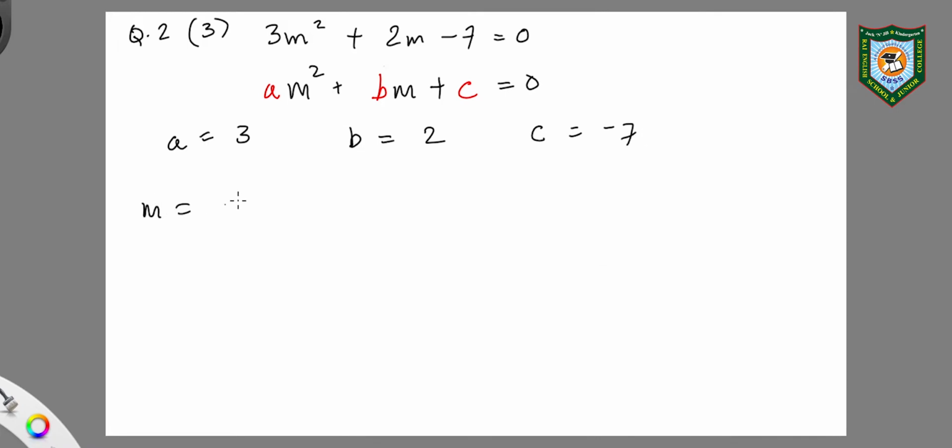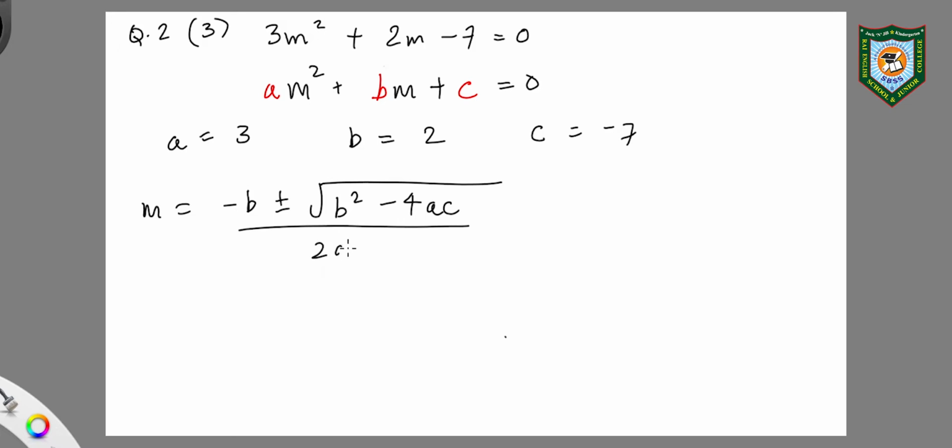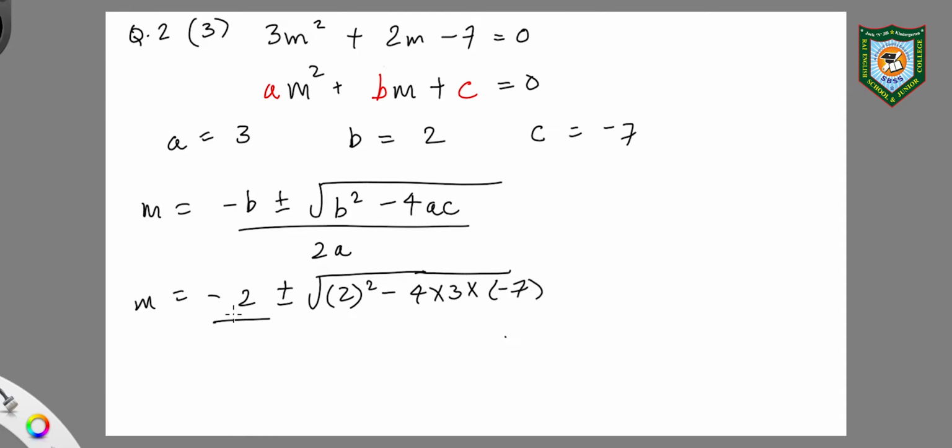Simply putting the formula, I get minus b plus minus under root b square minus 4ac divided by 2a. This gives me m is equal to minus 2 plus minus under root 2 square minus 4 into 3 into minus 7, complete divided by 2 into 3.